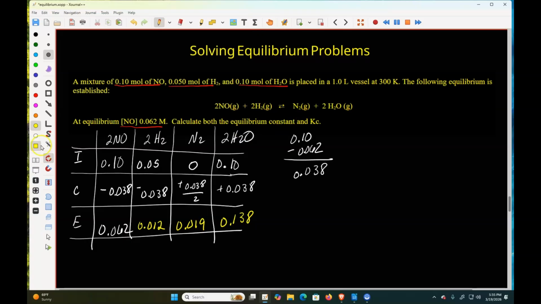All right, so to get the equilibrium constant, that's going to equal the products over the reactants raised to a power. So this is going to be 0.19 raised to the first power. The water will be 0.138 raised to the second power.